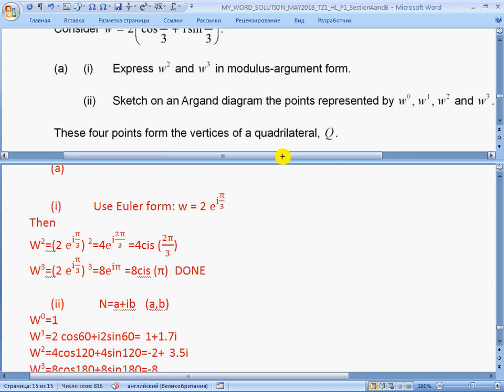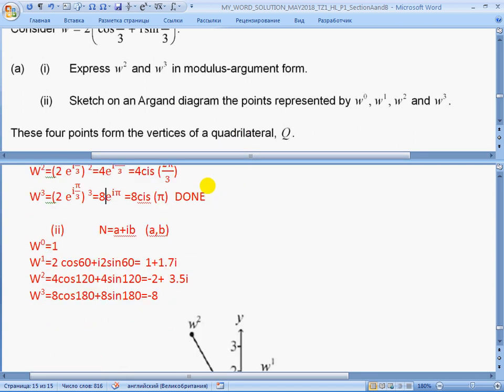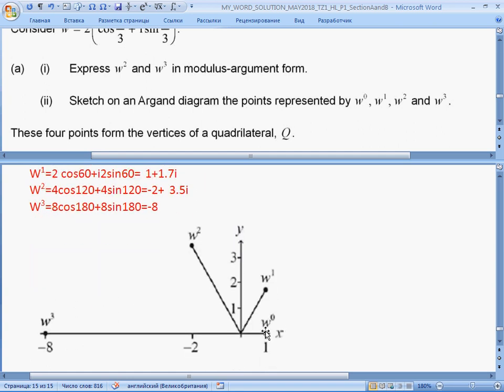Sketch these powers on an Argand diagram. So we find them first of all. W0 is 1. Then, because you don't use a calculator, approximate values. And what is interesting, every next power is turned by 60 degrees relative to the previous.